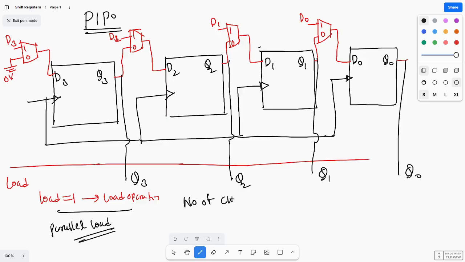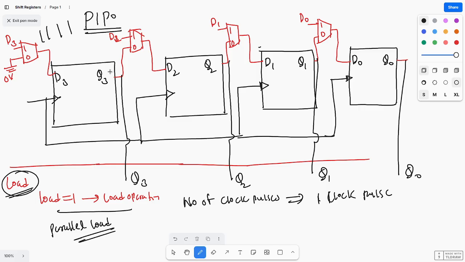Within one clock pulse, whatever data you want to load will be loaded. Suppose the data is four ones. Four ones will be loaded using the load control signal.